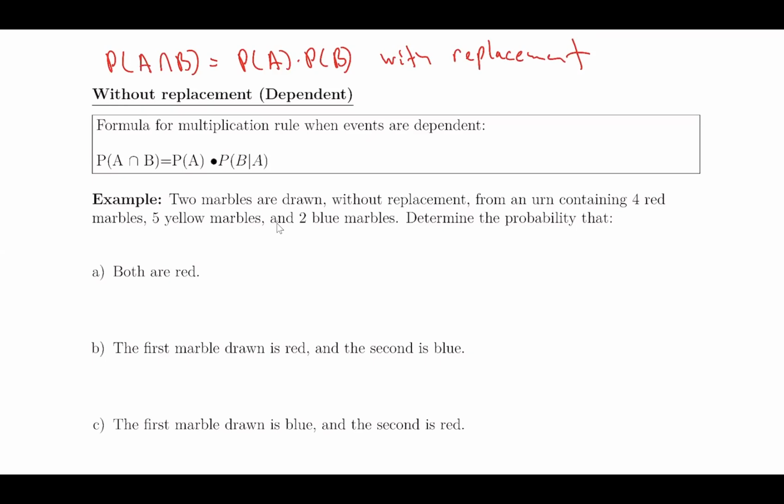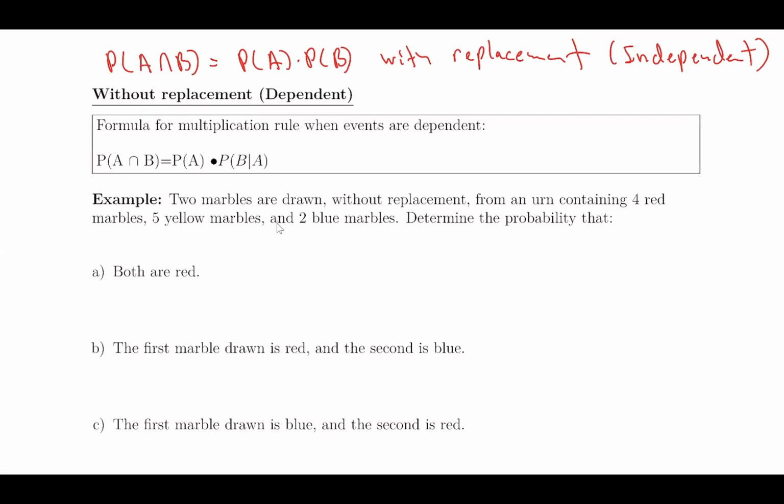So we're using the multiplication rule, and we use it when we have independent events. Remember, independent events just means that one event shouldn't influence the probability of the other event.